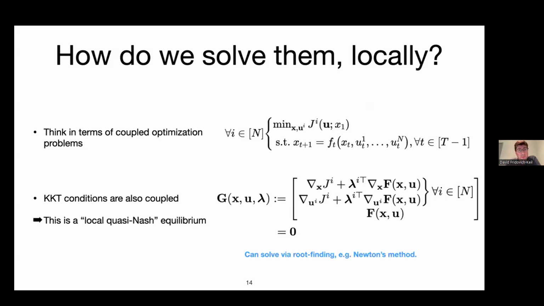If you find such a point, it's called a local quasi-Nash equilibrium. It's local because it's based on derivative information. It's quasi-Nash instead of Nash because it doesn't account for second order curvature information. So all you know is that you're at a critical point. You don't know that you're at a minimum for each player.